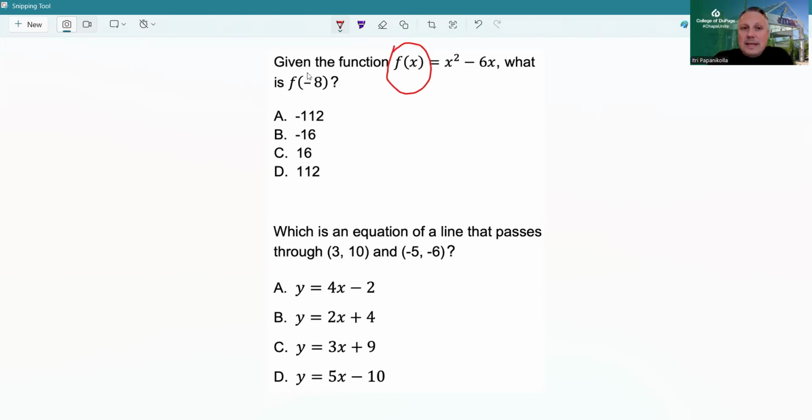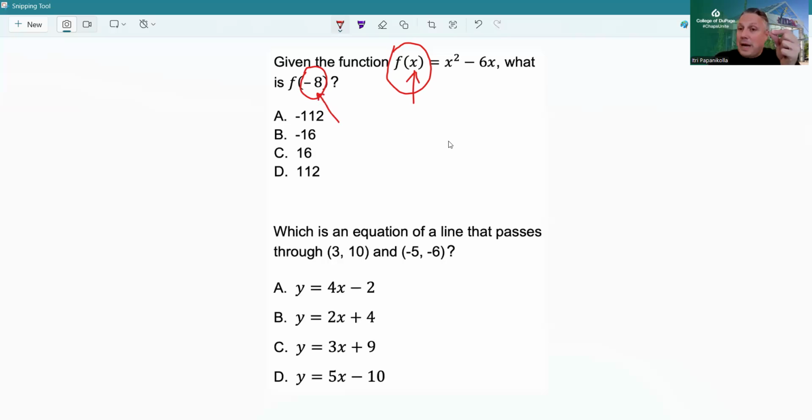And as you can see, they are looking for f of -8. All that means is just taking aside the f, not worrying about what f represents, what a function is, what that does. Just think about what's inside the parenthesis, and you see inside the parenthesis an x, and that x has now become -8.